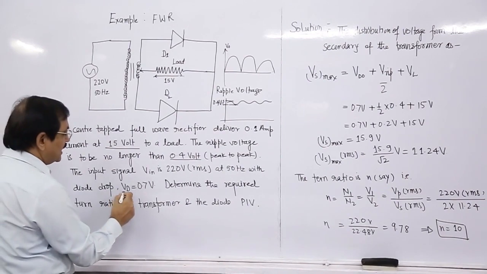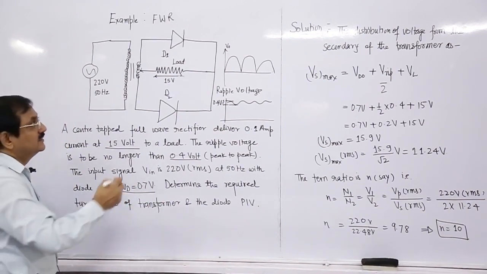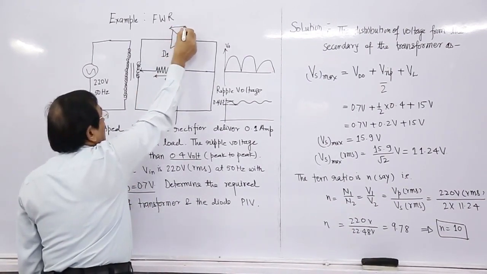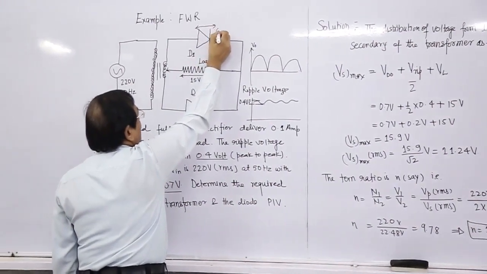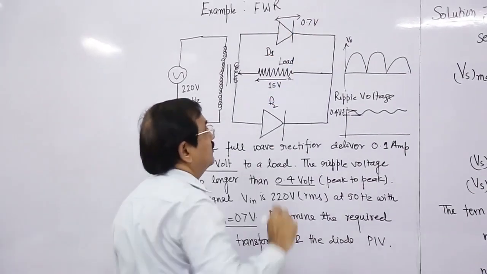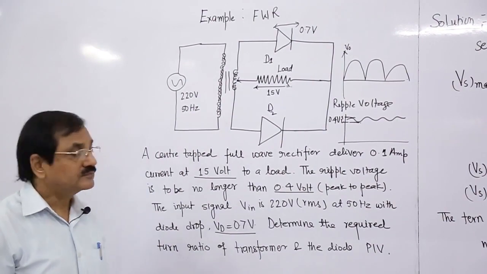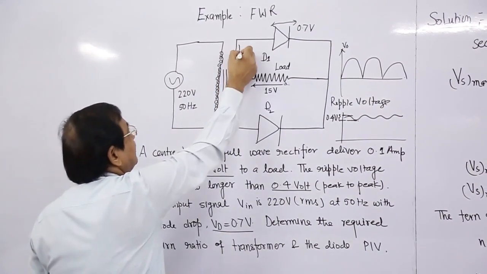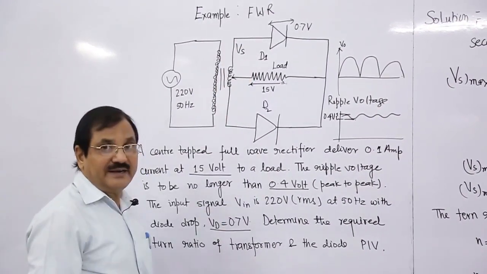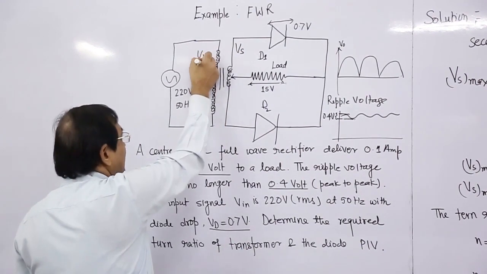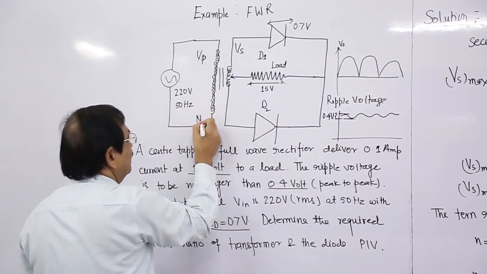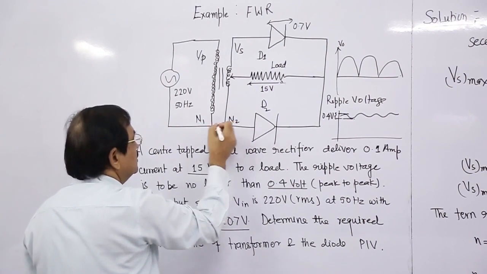And in addition to that, there is a VD, this VD is 0.7 volt. If this one is VS, the secondary, here it is VP, the primary, this is N1, here it is N2.